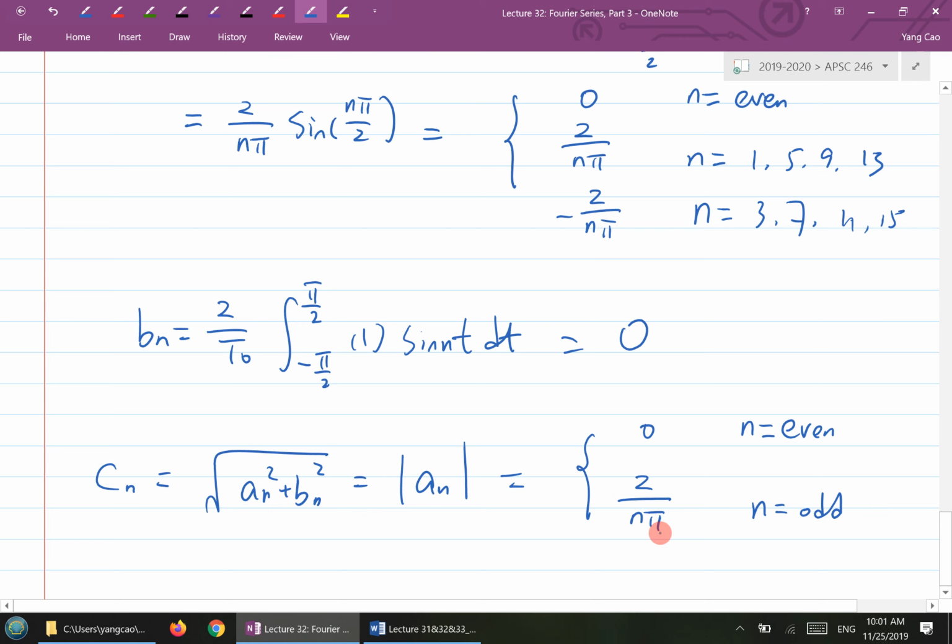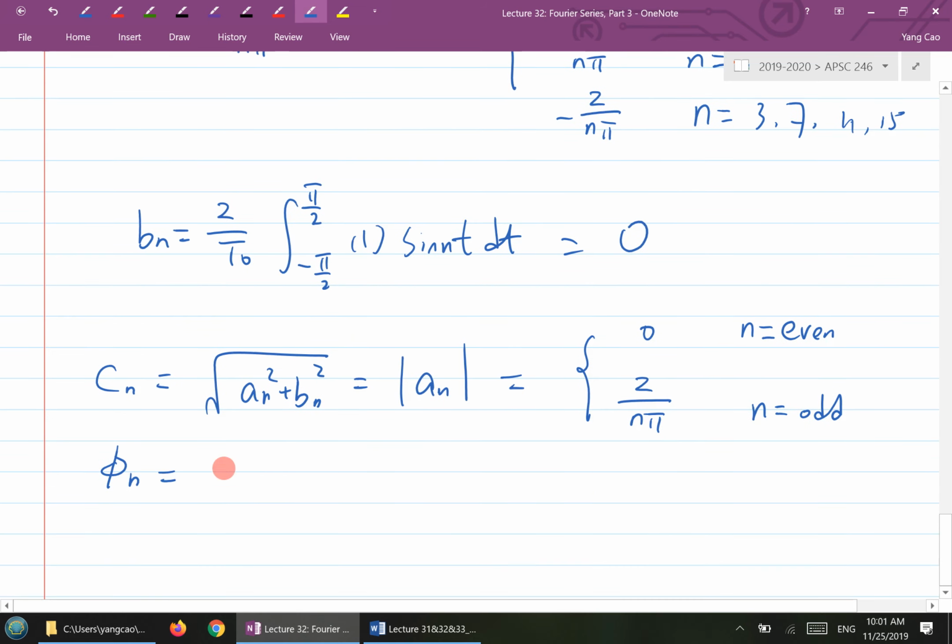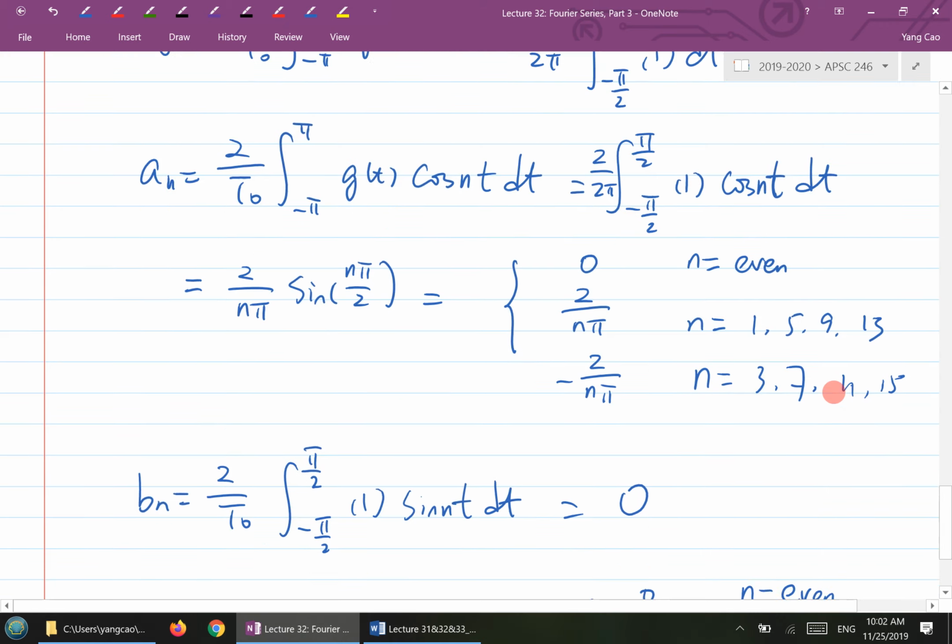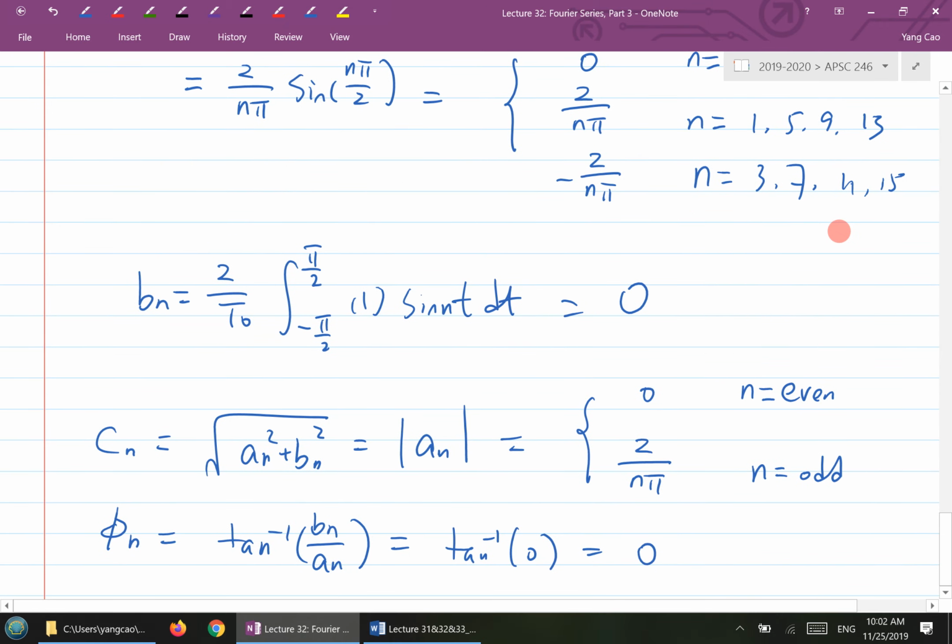And then you can find phi n, which is tan inverse of bn over an. This time it's just 0, so 0 gives you 0. So the phase phi is always 0. That's another example of using Fourier series on a periodic function.